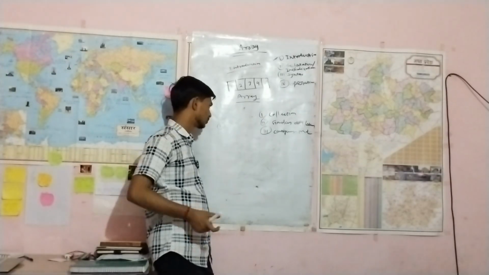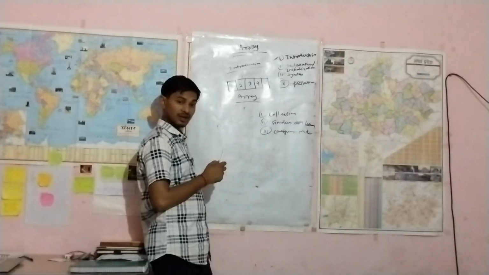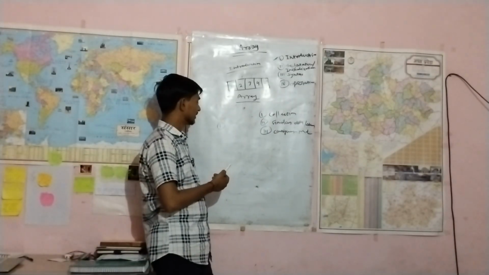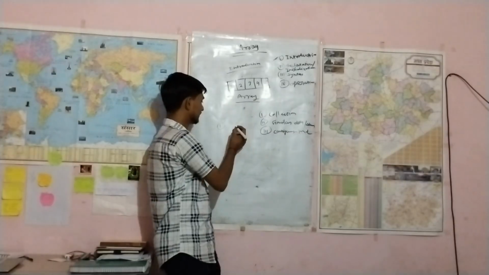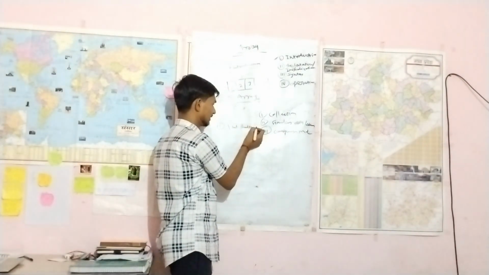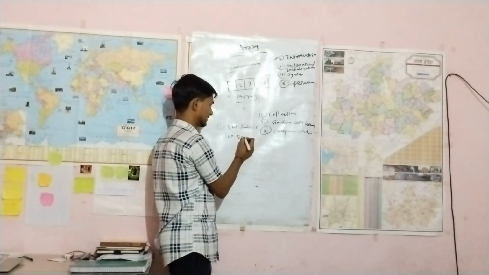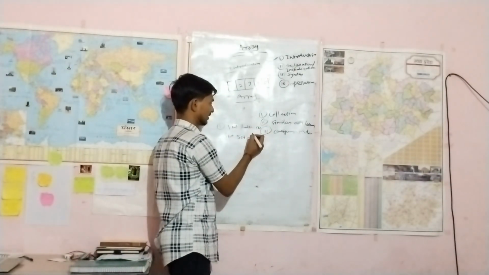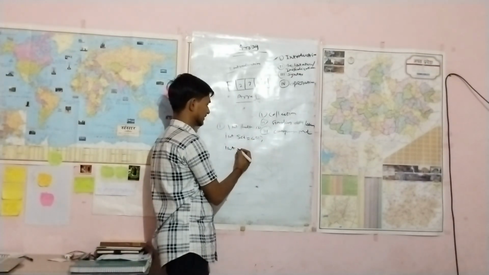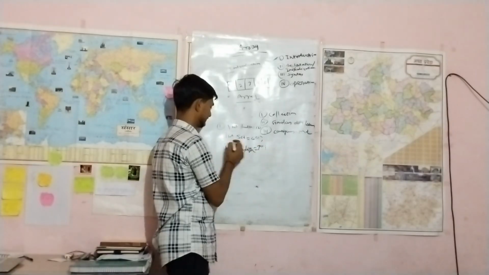I forgot that. So if we need to store the data of multiple students, in past learning we have to use it like int math equal to 50, int science equal to 60, or int English equal to 70.